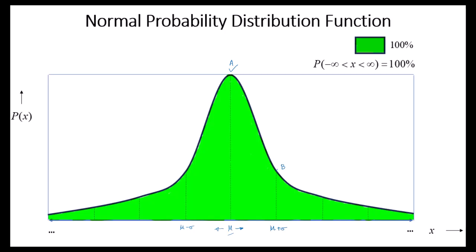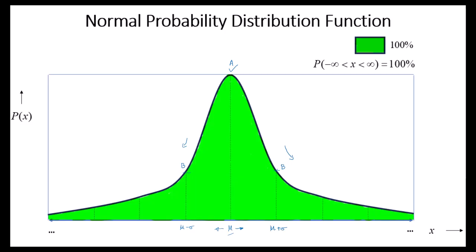Again, if I drop a perpendicular onto the curve, the point will be B, and the probability at B for x value mu minus sigma will be equal to the probability at B for the distance of mu plus sigma. One thing is clear: the probability at B is lower than the probability at A. All the probabilities while going down the curve will be lower than the probability at the mean position. And another point is that x points equidistant on the x-axis from the mean will always have the same probability.